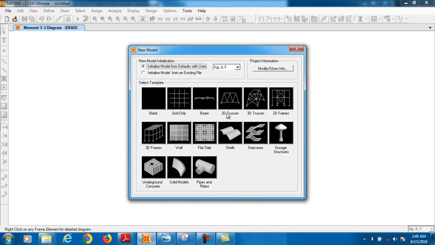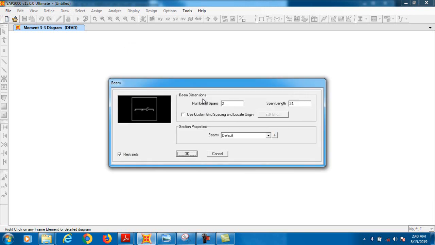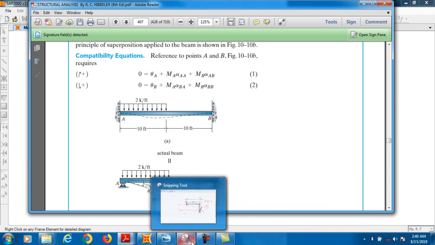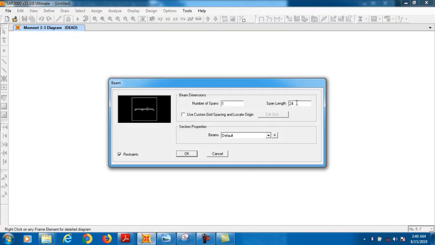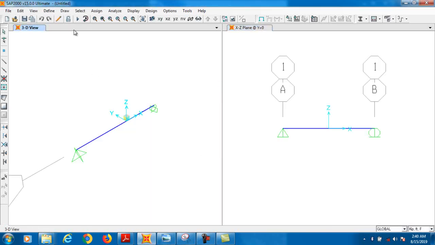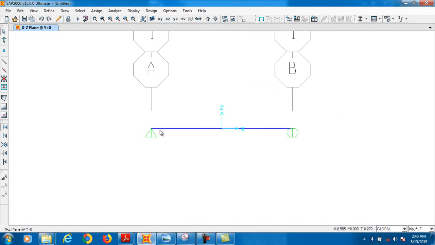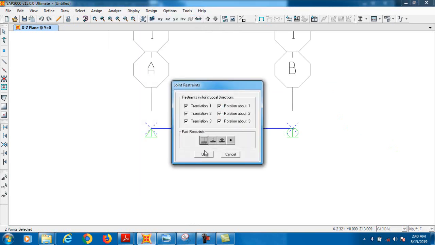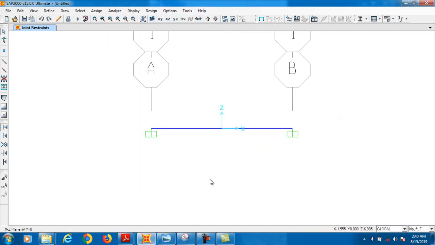New template, 1 span, and the span length is 20 feet. Clear? No need of grid spacing. Delete it. Assign both joints as fixed supports. Okay, these are fixed supports.